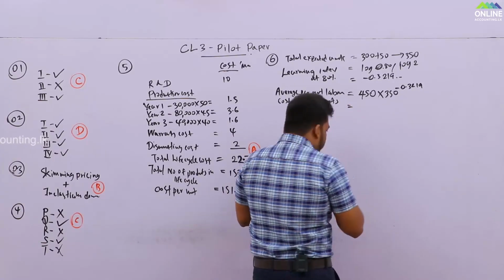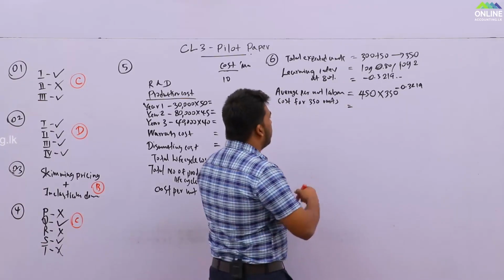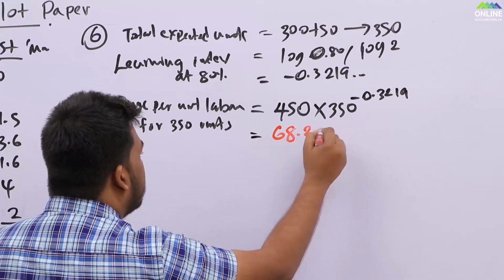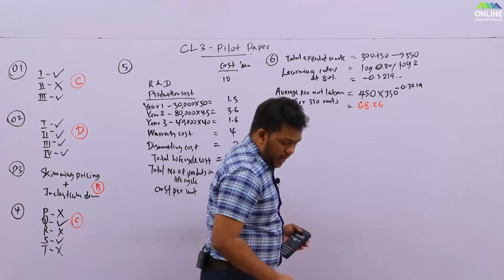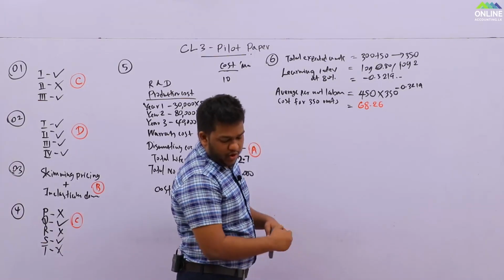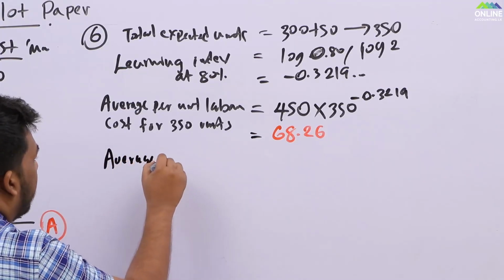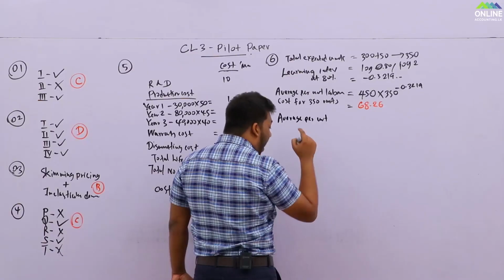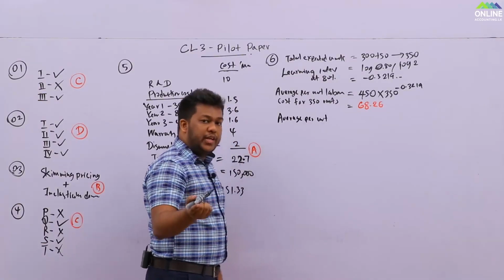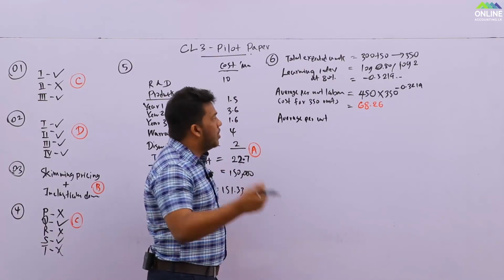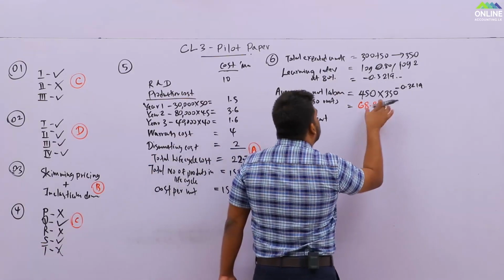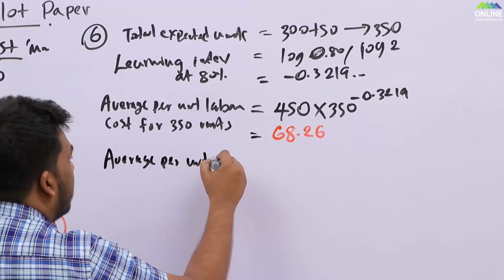Then you have to calculate average again. Now this is average, okay, not the per unit but the average. If you are producing 350 units, the average per unit cost is this.